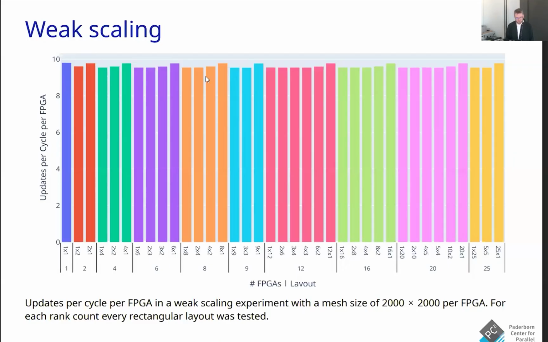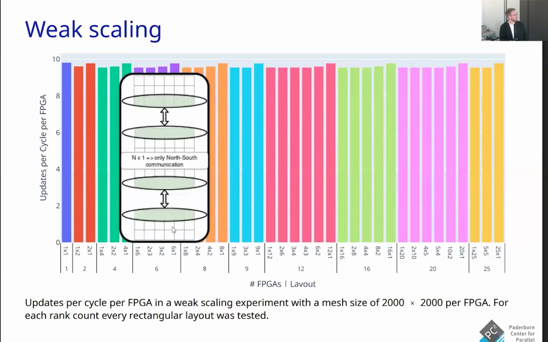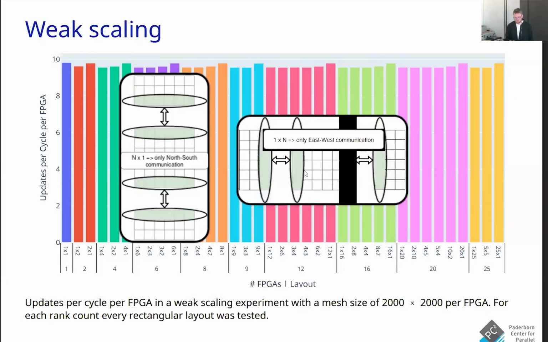And the only thing that comes to the eye is that for when we have the n cross 1 layouts, so when we only have a north-south communication, then we are also just reading rows from global memory before sending and writing them back, which can happen a bit faster than reading columns from the global memory.